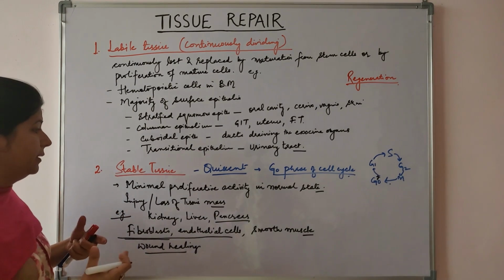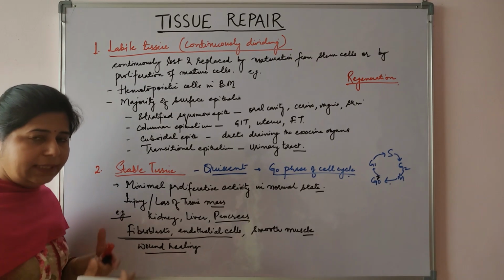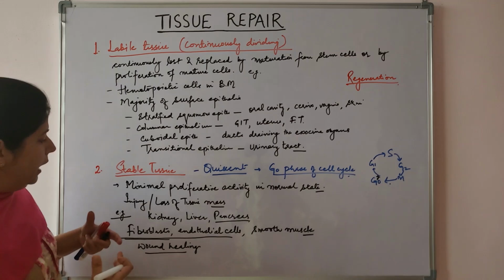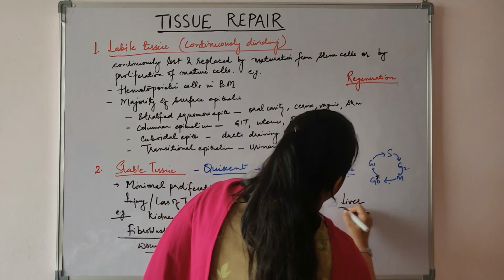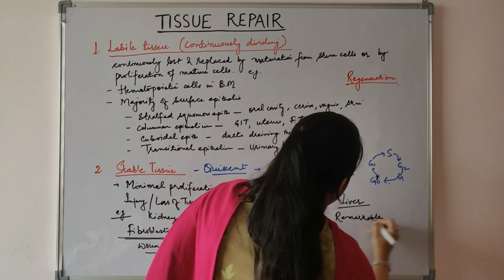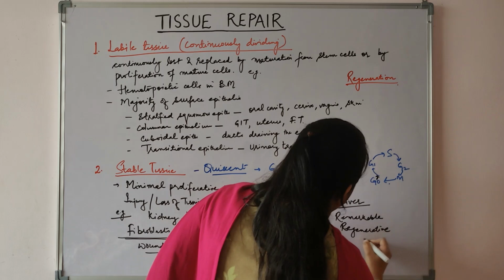When injury occurs, they gain some amount of proliferative capacity, except for liver. Liver is an exception; it has remarkable regenerative capacity.